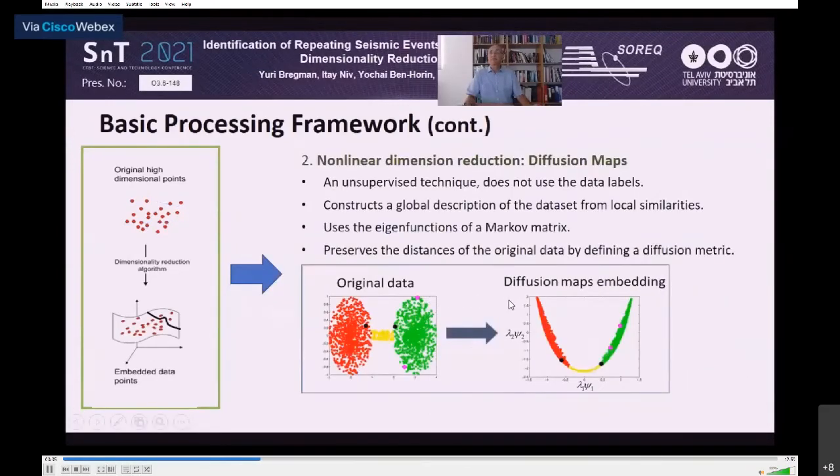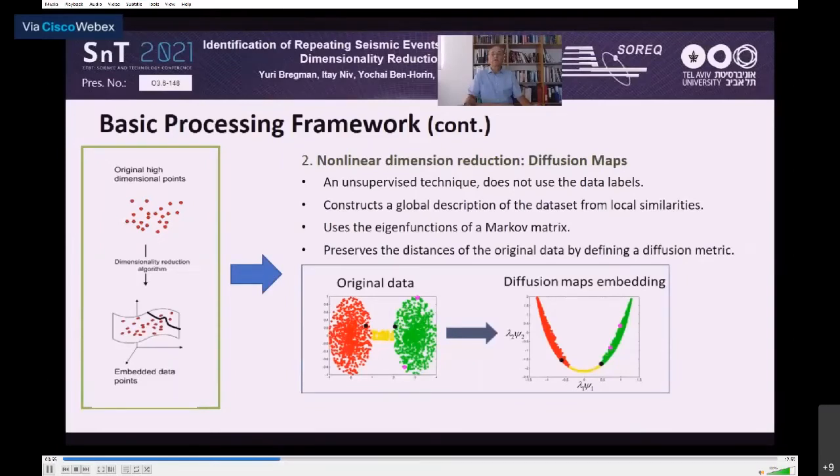The next step is the nonlinear dimensionality reduction. Diffusion maps is an unsupervised technique, which does not use data labels. It constructs a global description of the data set from local similarities.